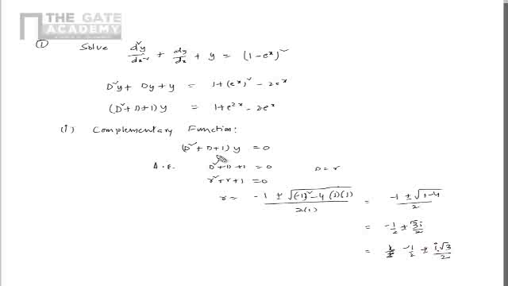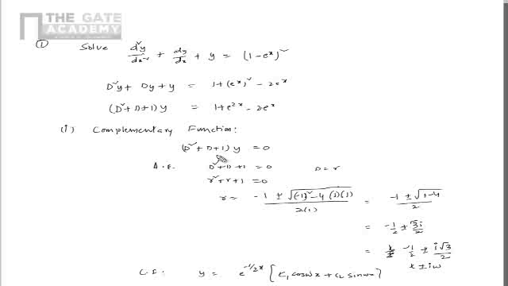So you have complex roots, and therefore the complementary function is basically e power kx times, if you write k plus or minus i omega, e power minus half x into some constants, c1 cos omega x plus c2 sin omega x.